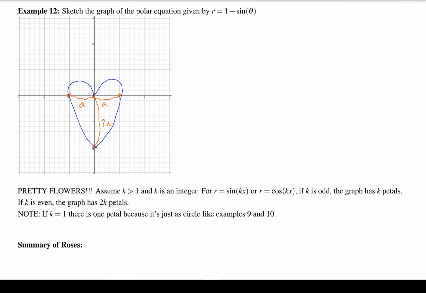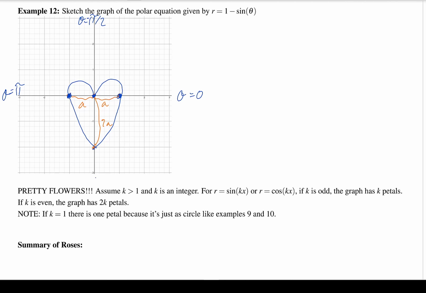The way we do that, if I start off with theta equals 0, I would get 1 minus 0, so that gives me this point right here. And then theta equals pi over 2. That would give me 1 minus 1, so that would give me this point right here. With theta equals pi, that would give me 1 minus 0, so we get this point right here.